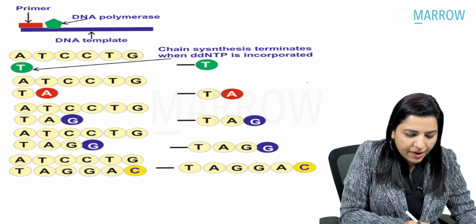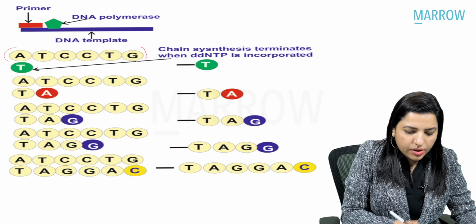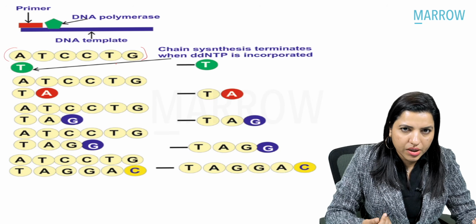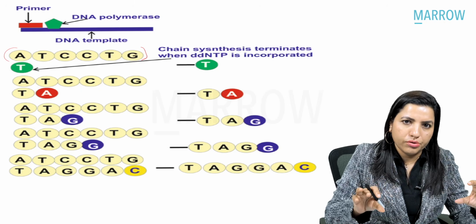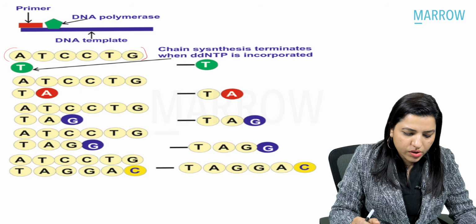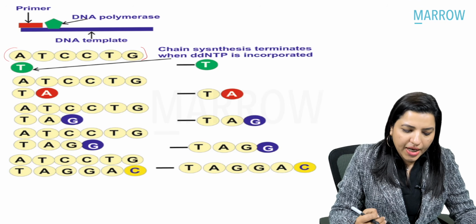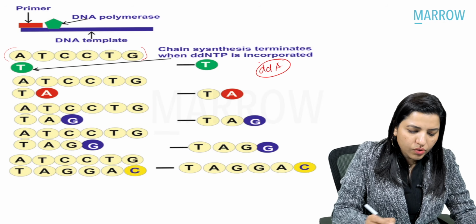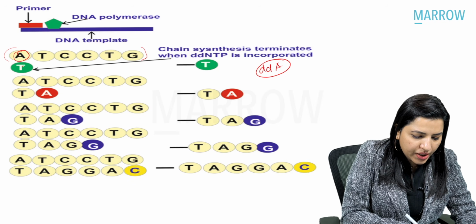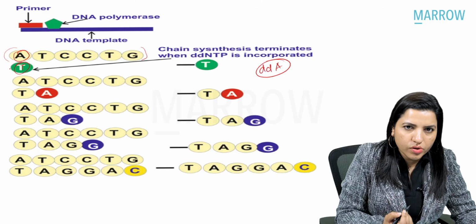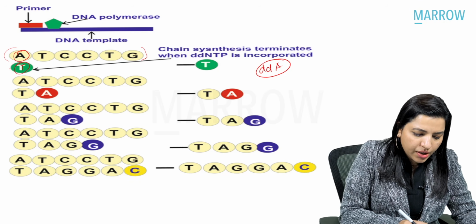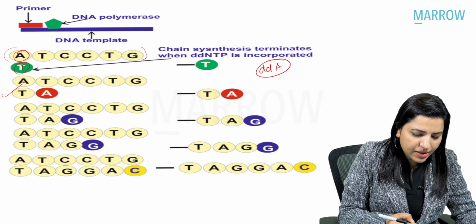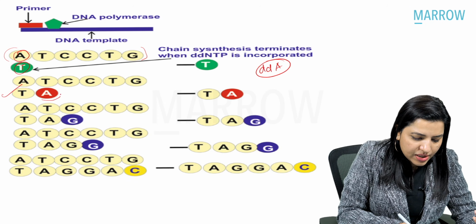So if we have a sequence like this that we are going to sequence, with an oligonucleotide like this, suppose we are using a dideoxy A. To the A we know that T will bind. It is a normal deoxynucleotide that is binding. Now here what we can see is in the second position the A is binding.